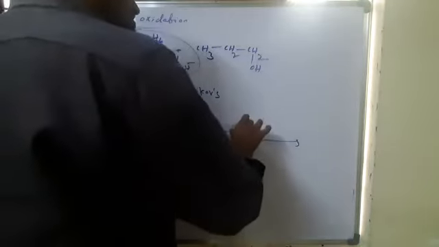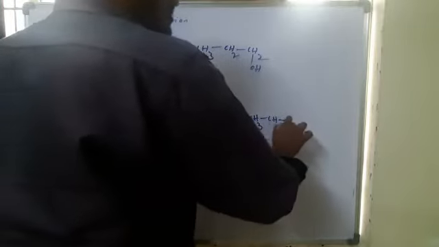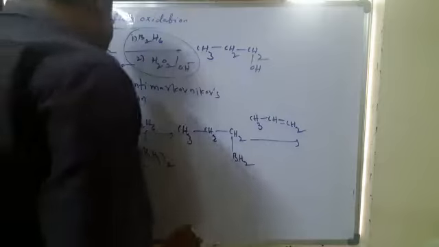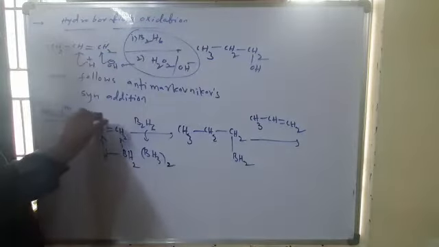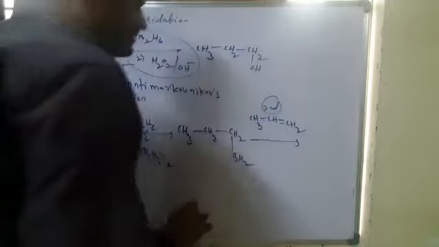This again reacts with CH3, CH double bond, CH2, another alkene. This is the first mole of alkene, this is the second mole. Now the product is CH3, CH2, CH.